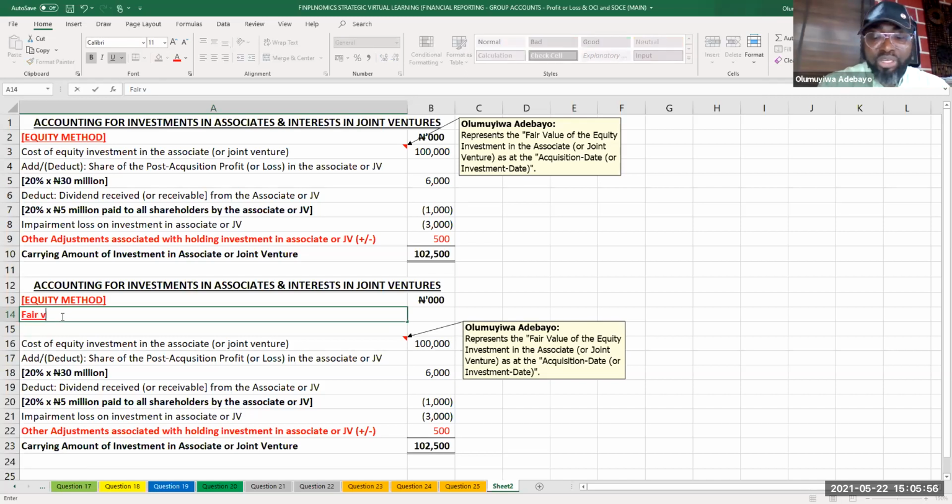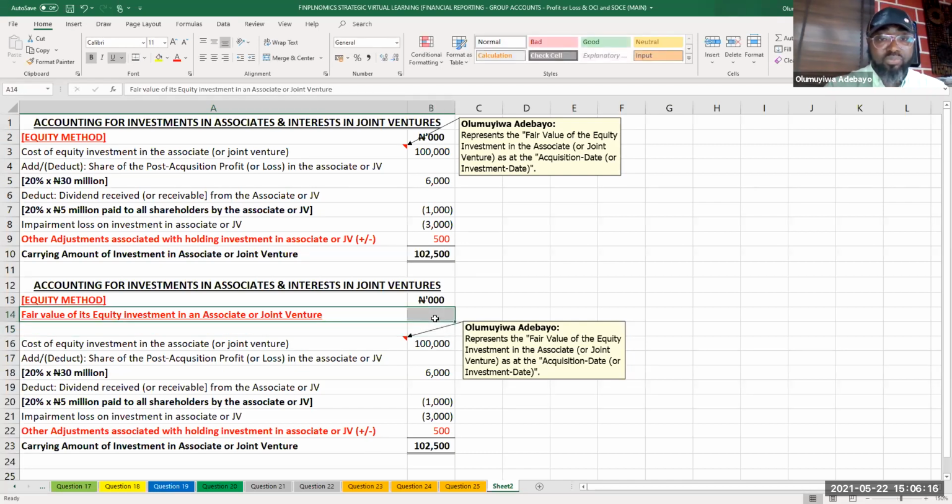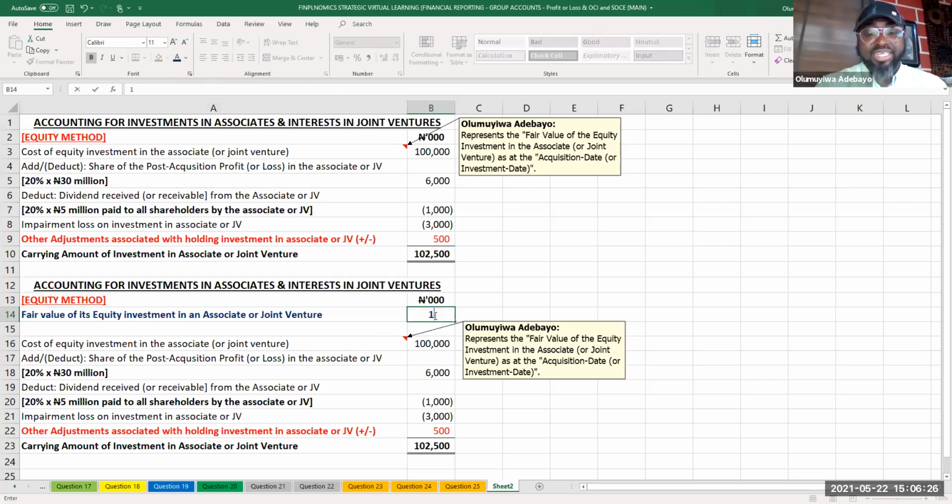Therefore, what we obtain from the balance sheet of the company is the fair value of its equity investment in an associate or joint venture. Let's say it has been fair valued over time to 104.